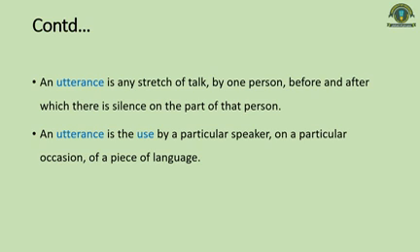An utterance is the use by a particular speaker on a particular occasion, as we have earlier discussed, of a particular piece of language, such as a sequence of sentences, a single phrase or even a single word. Students, utterances are physical events, and events are ephemeral because utterances die on the wind.